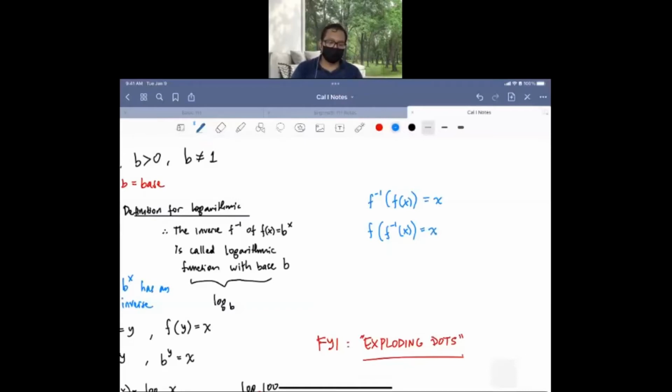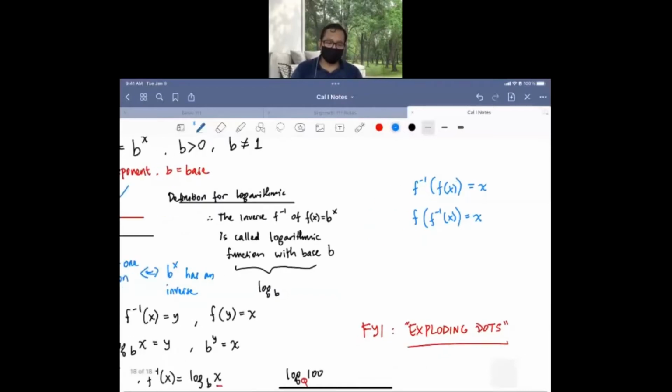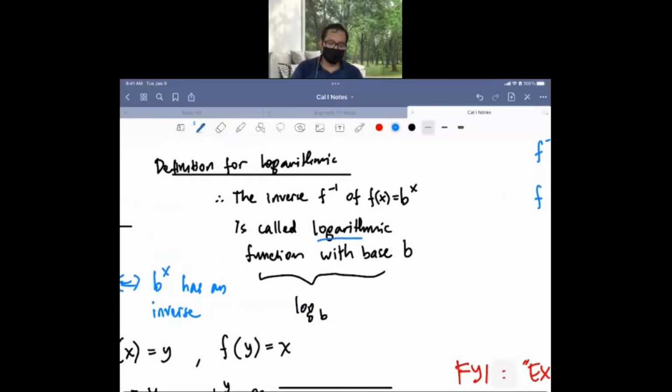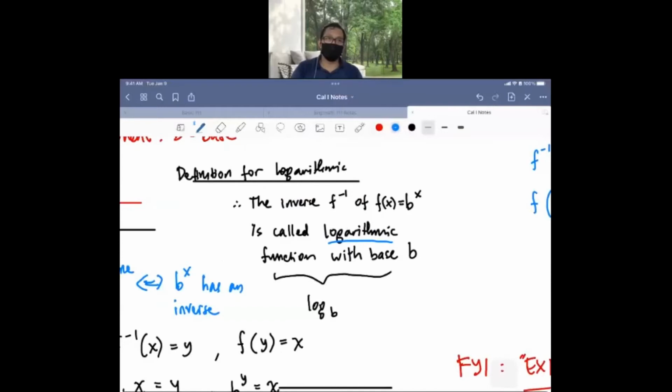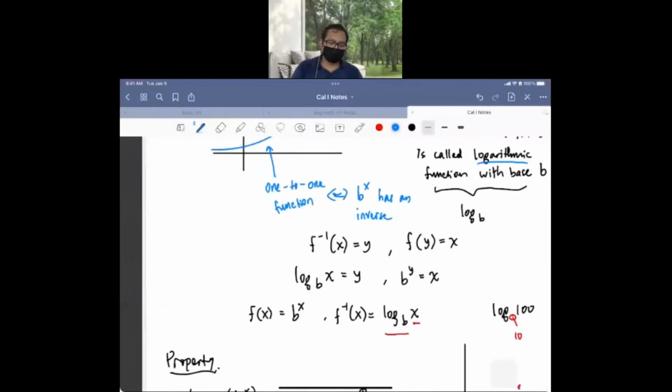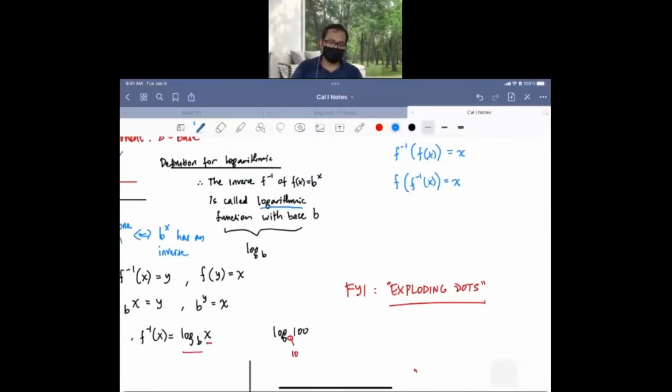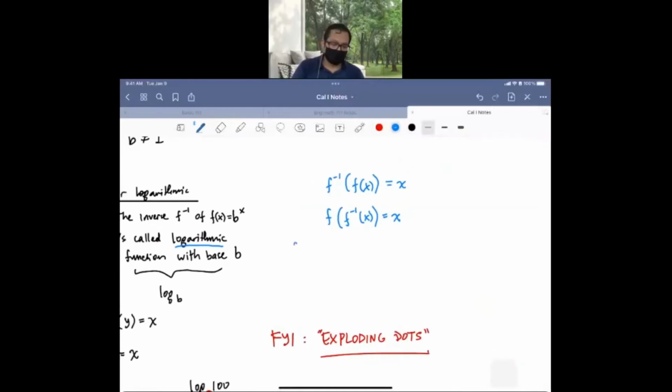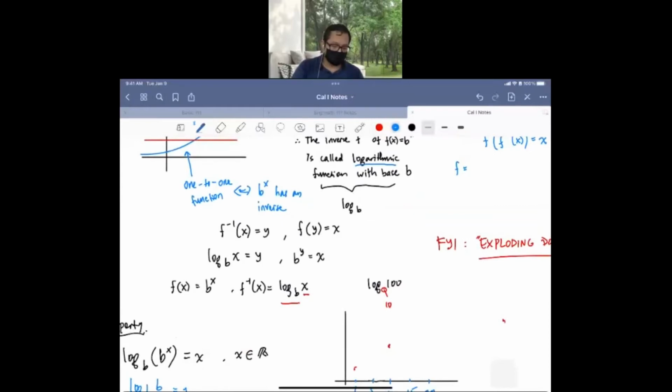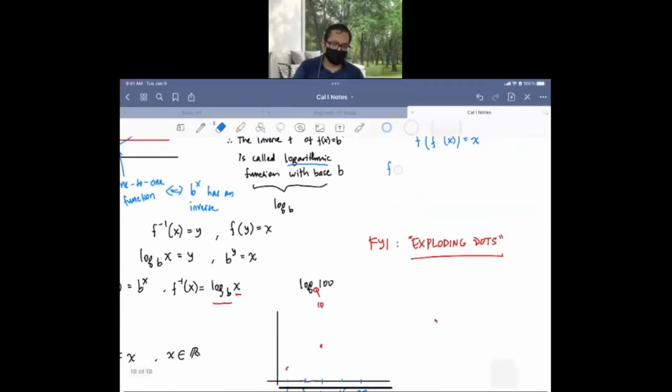What I mean by the inverse is that the log is the inverse of the exponent. So if we put the log inside the function, for example, if f is b to the power of x, the inverse is log with base b of x.